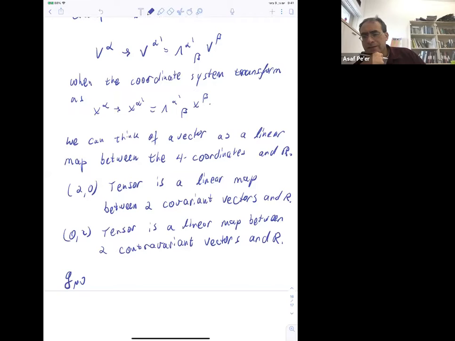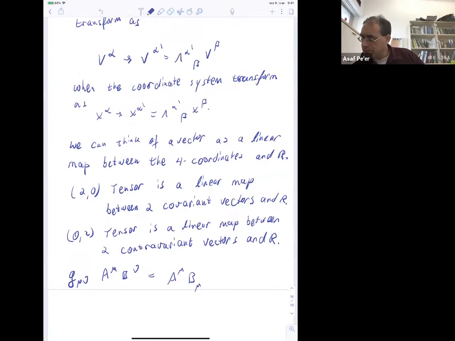This is the inner product. So if I have G mu nu, A mu, B nu, it is just A mu B mu, which is just a number, it's a scalar.